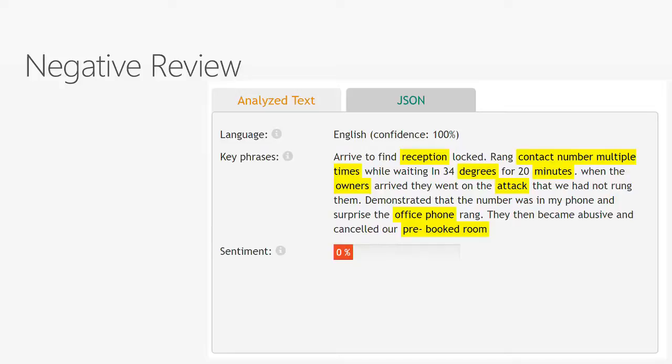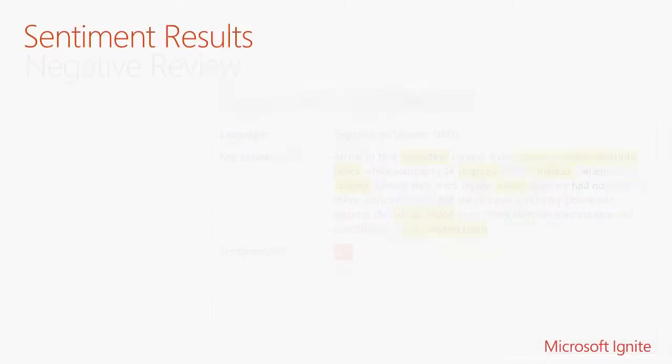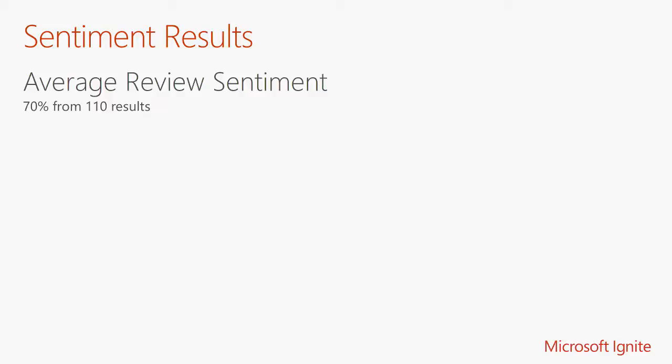So then what I did, if you were using this on your own data, you would probably actually have the data. I didn't have the data, so I had to sort of get it. So with a bit of trickery, I processed all 110 reviews. And what did I find? I found out of the 110 reviews that it had an average of 70% positive sentiment. So overall, people were happy with the hotel.